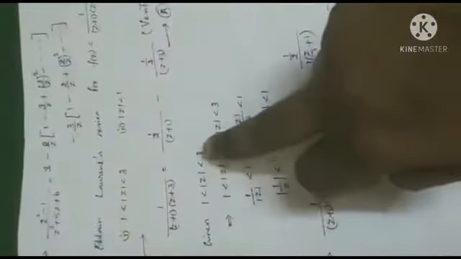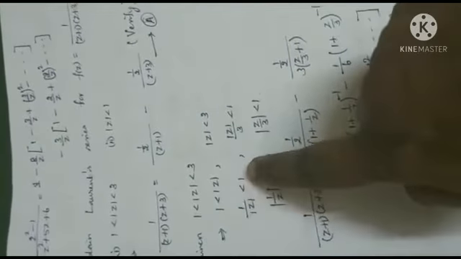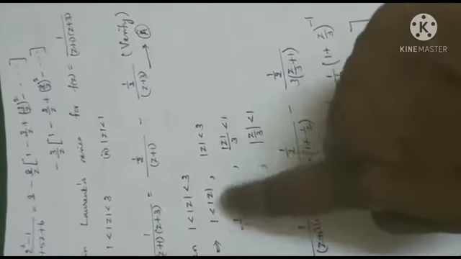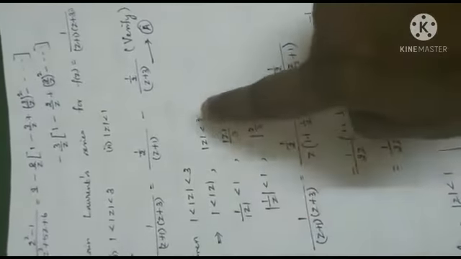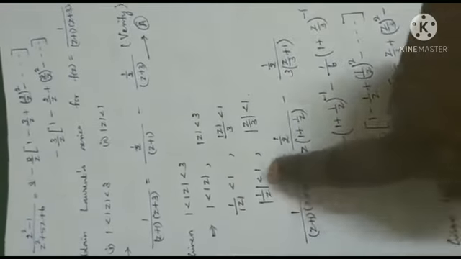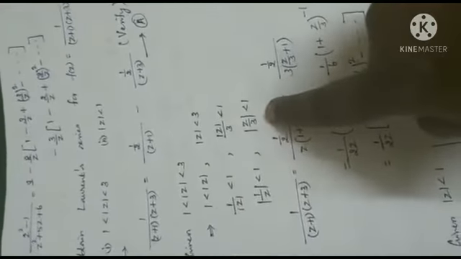I do for the first subdivision, 1 less than mod z less than 3. Since to use binomial expansion we need the inequality less than 1, let us divide both sides by mod z, here by 3. Hence this can be written as modulus of 1 by z, and this as modulus of z by 3. So both are ready.